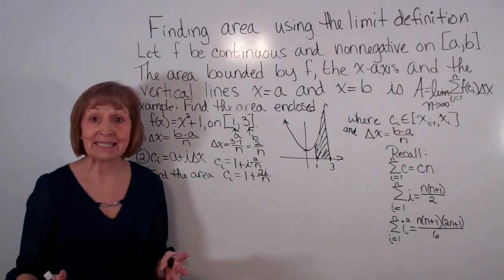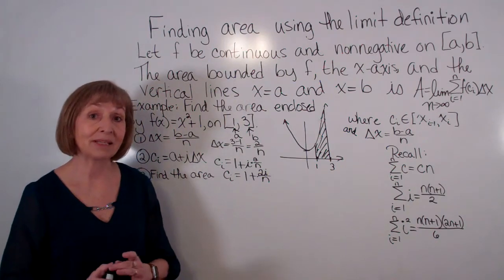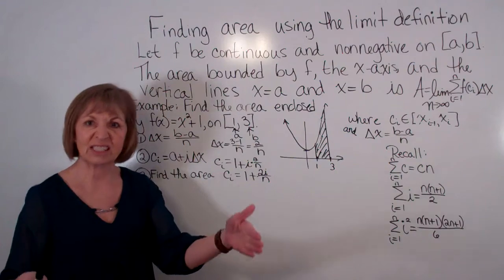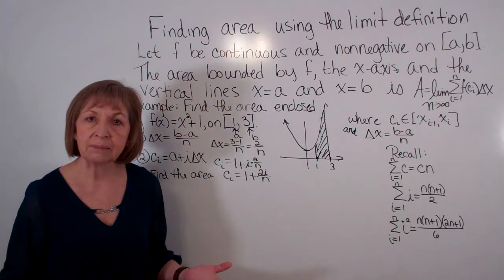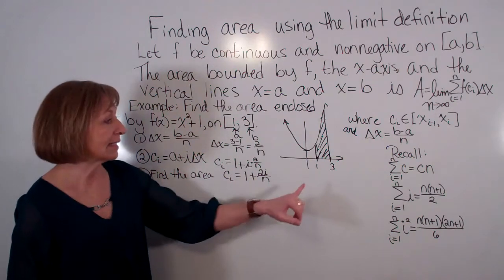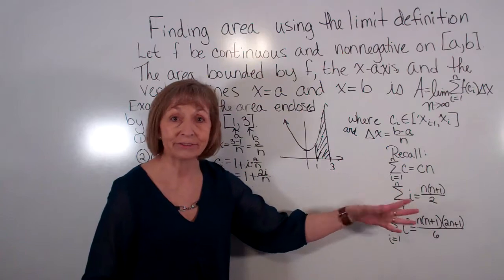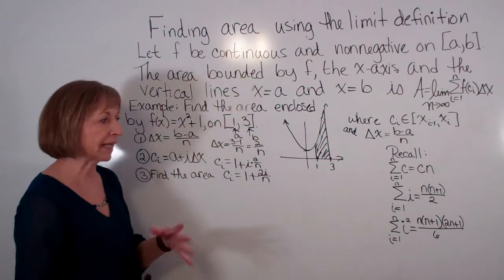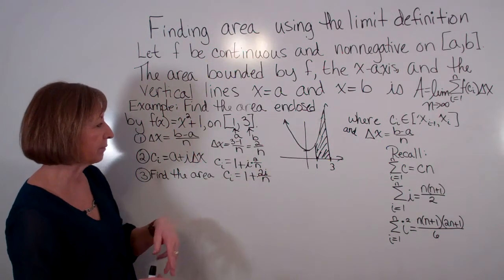Now this i is the index of summation. It has nothing to do with the complex number i. It's just our index of summation, so you need to keep it in context. Sometimes you'll see people write it with an index of summation like j, so they say j equals 1 to n, or it could be k. Whatever the index is, you just use that.